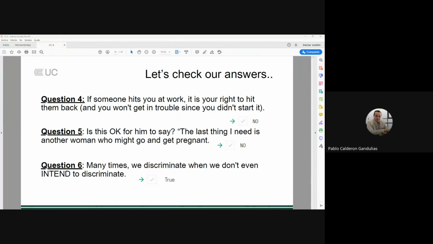Therefore, it is important to think before saying or doing something, and also to learn about cultural differences with foreigners or even inside our country.